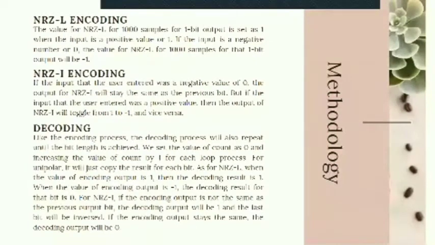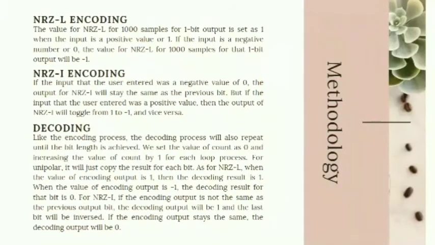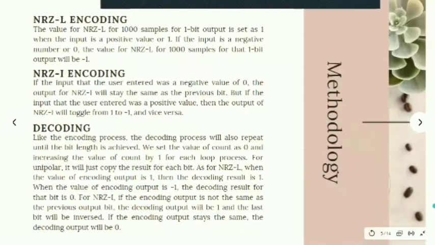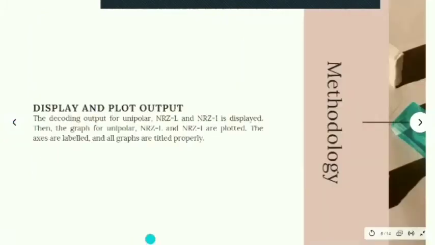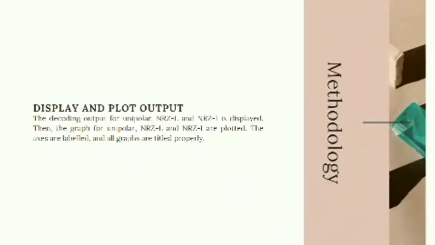Decoding is a process where we record the result from the input and make it our output result. And the last one is display and plot output. In this step, we set the graphs for unipolar, NRZ-L, and NRZ-I, and then it will be displayed in our MATLAB programming.